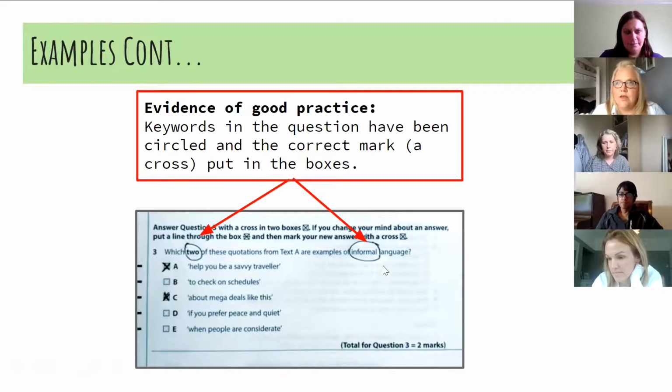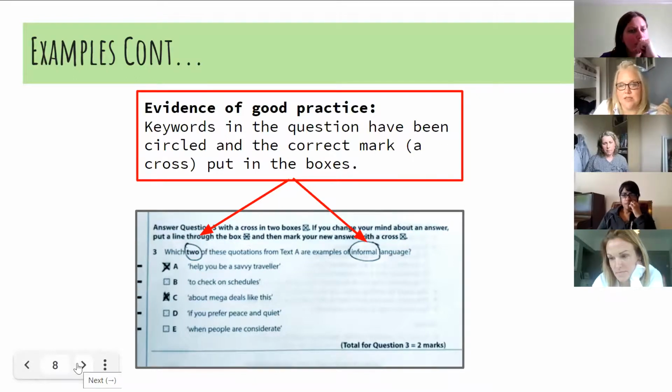If a learner has done a practice paper that was formal, they might not really read the question and realise it's looking for informal. So it's about training them to read the question, look at the keywords, and even circle them to highlight them. Just a tiny tweak like that can make a massive difference. We could be talking 2 or 3 points, and that can be the difference between a pass or a fail.